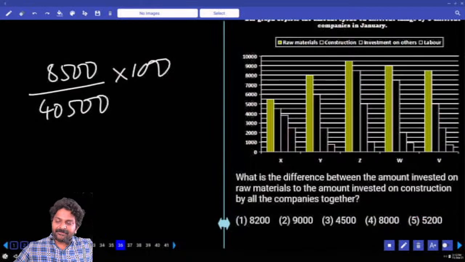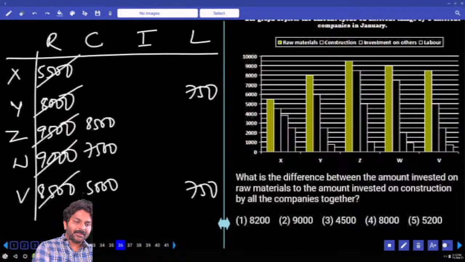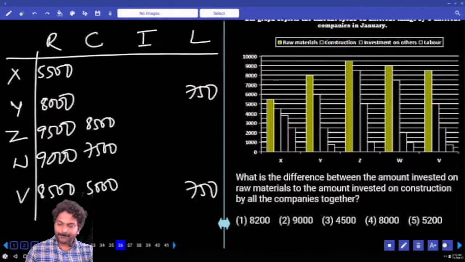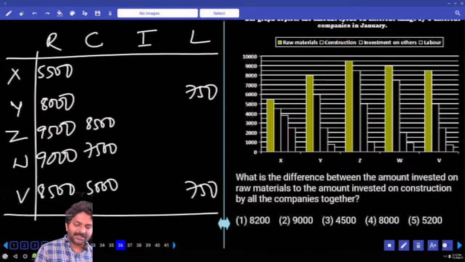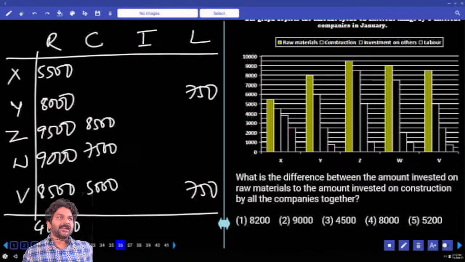What is the difference between the amount invested on raw materials and the amount invested on construction by all the companies together? Right. So raw material and then construction. That's what we want. Agreed? Raw material we already know everything. 40,000. What else do we need? Construction. In construction we already have three numbers. We need the first two.